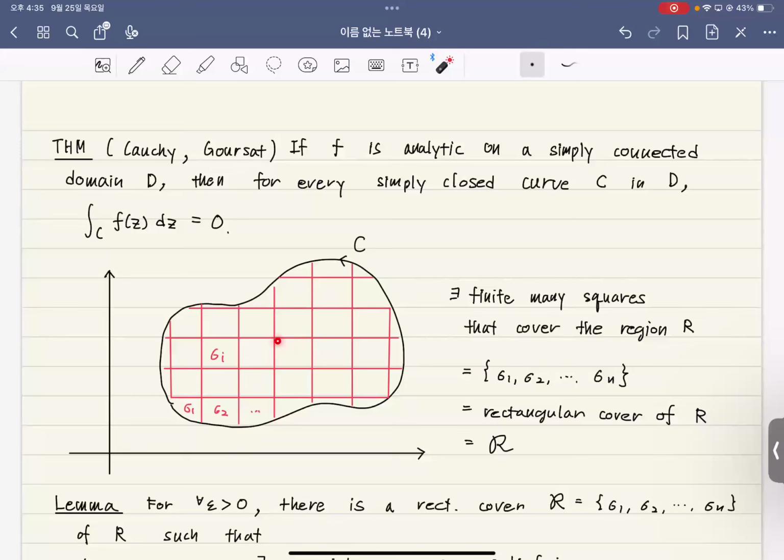For every side of these squares, this side has been integrated twice, one time in this direction and another time in that direction, right? So every shared boundary between the squares must cancel out. Therefore, the only non-zero term out of this huge summation is the integral over the outer boundary curve, which is C.